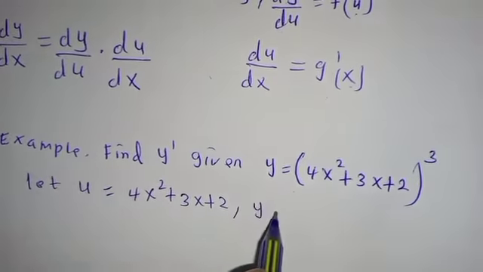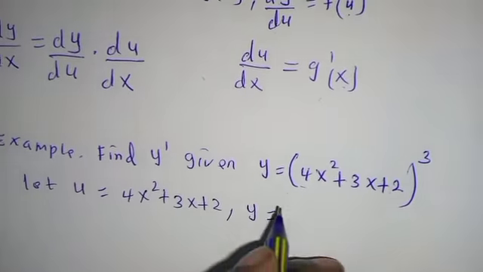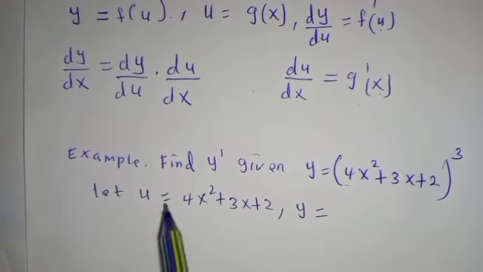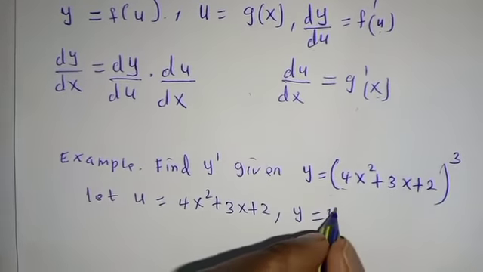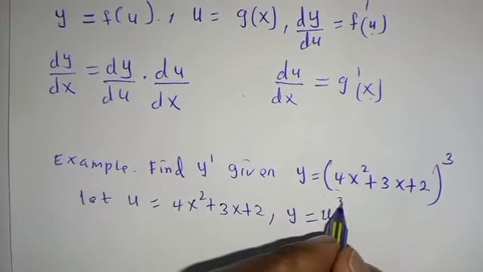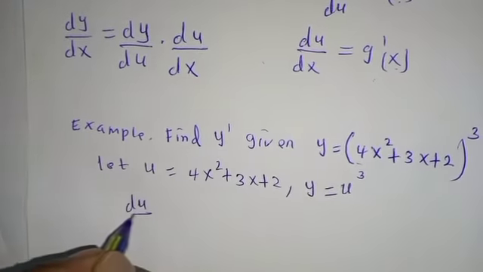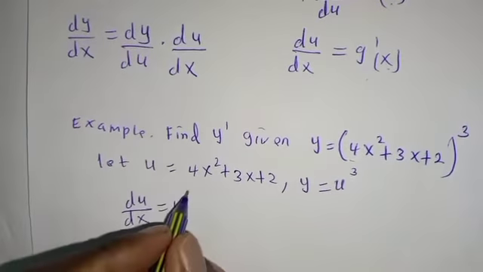Then our y will be equal to whatever is in the bracket here. We substitute it with u, so our y will be equal to u cubed. So our interest now is to get du/dx, which is equal to u prime.